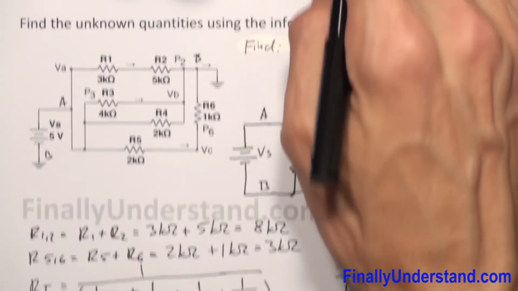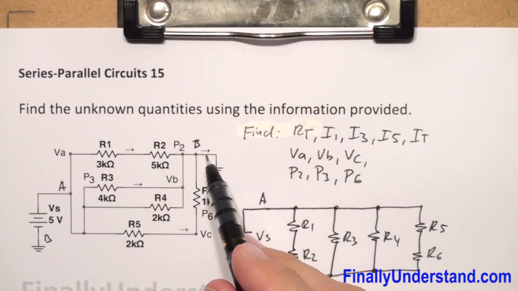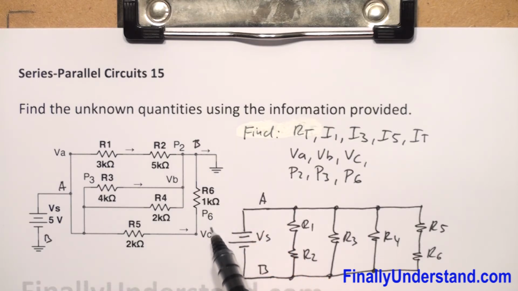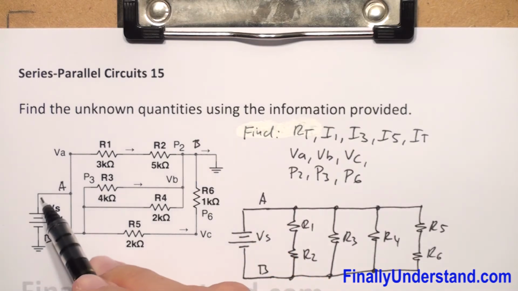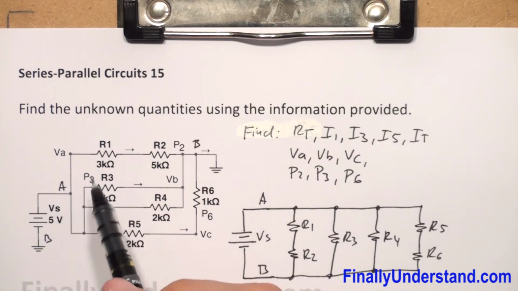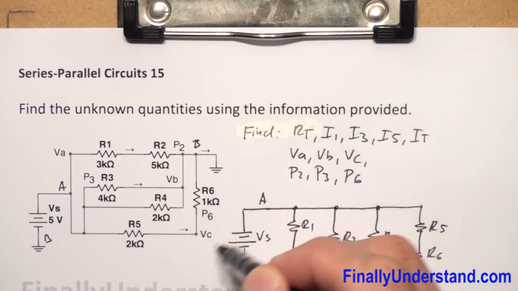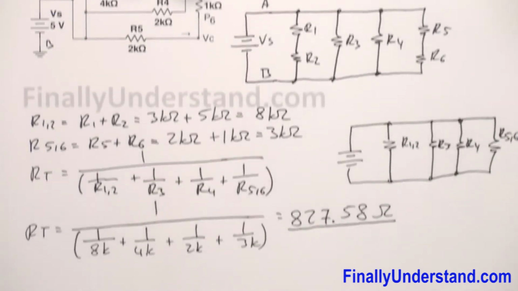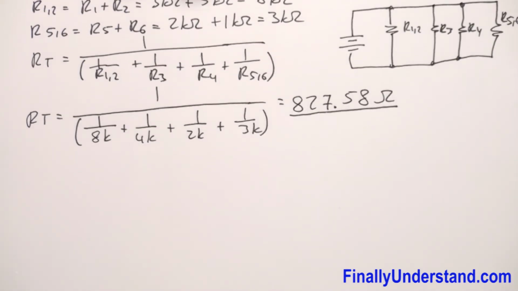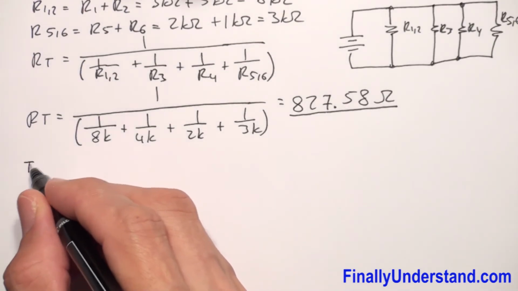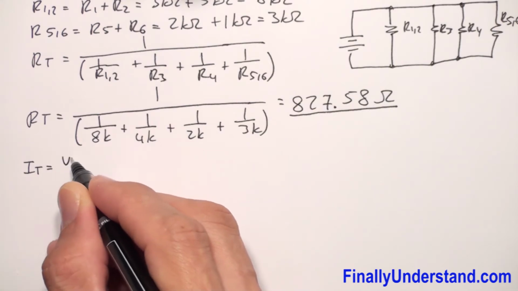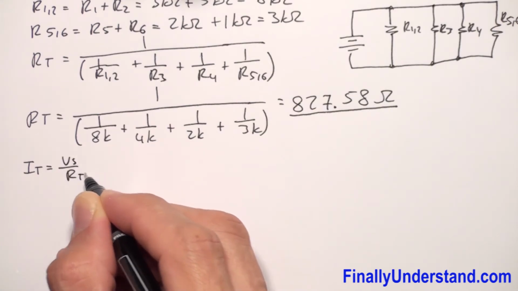The problem is asking me to find the total current. This is total current over here. See, this is the current which goes through the ground. Okay, so this is the same current which goes through the circuit, because whatever goes to the circuit has to get back to the ground. So I total is equal voltage source over R total.